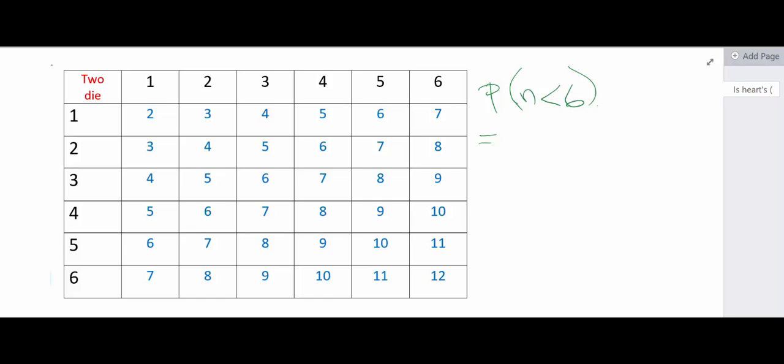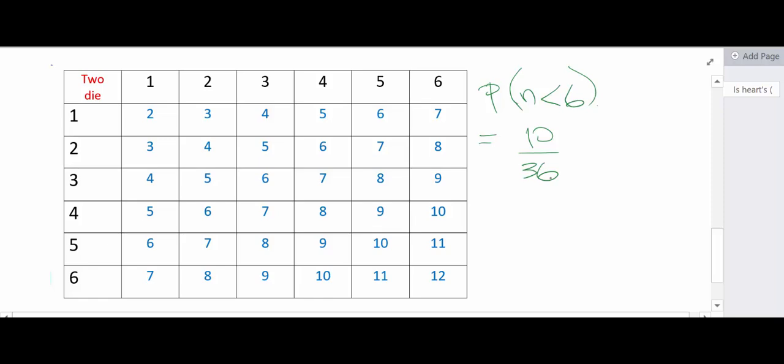Well, how many possibilities are there? 1, 2, 3, 4, 5, 6, 7, 8, 9, 10. So there are 10 possibilities. So the probability will be 10 over 36. Well, how did I get that?